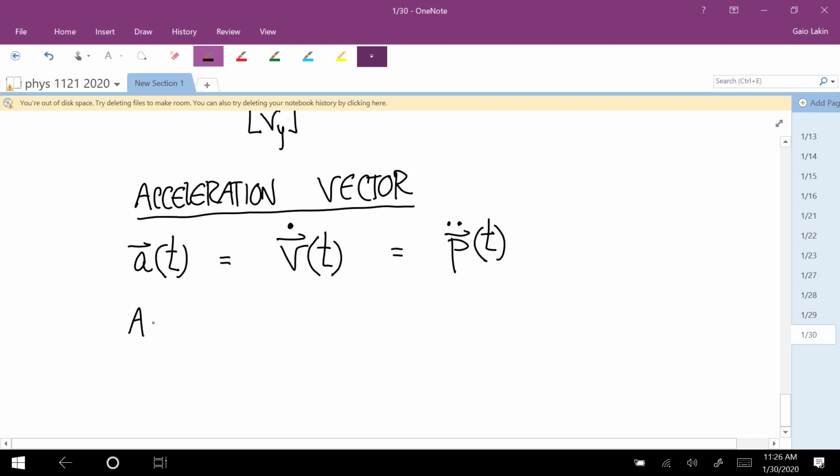Now, what a time derivative tells you is the rate of change of something over time. Acceleration then measures how quickly the velocity is changing.